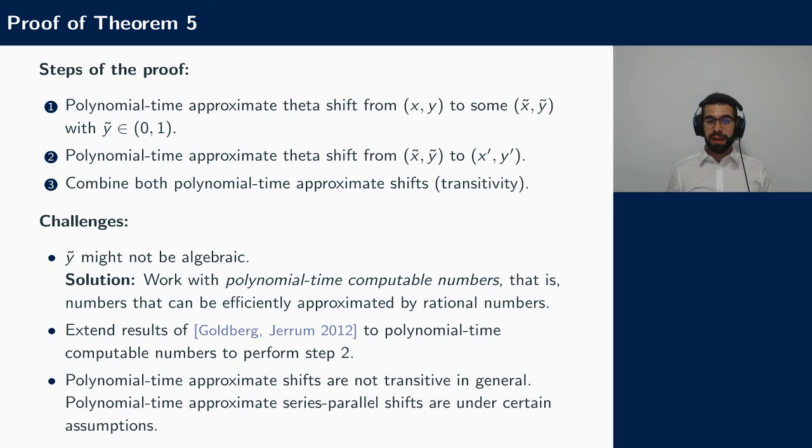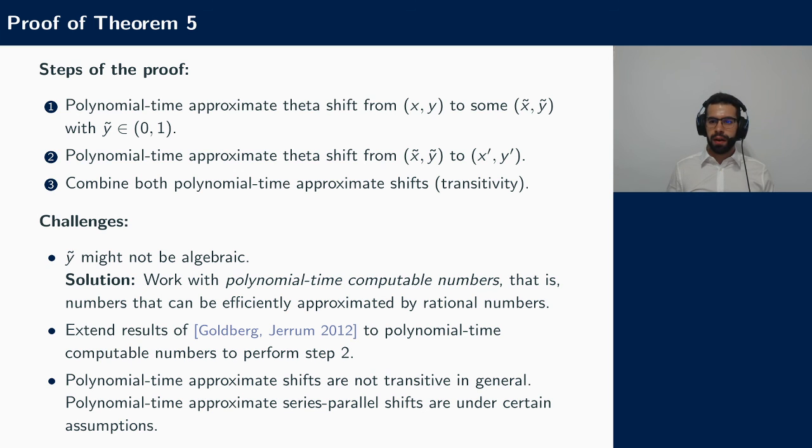The second step actually was carried out for real algebraic numbers only, by Goldberg and Jerrum. But we need to extend the results to polynomial time computable numbers, and then we have to prove this transitivity result, which is actually not true in general.